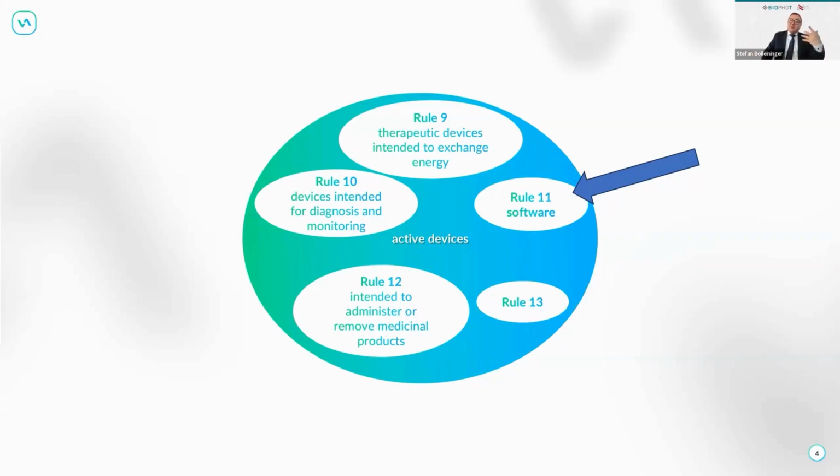The same happens if you build a hospital information system which includes and calculates on patient data. Generally, hospital information systems are not a medical device. If they perform patient management, like locating patients, or use software for managing the billing system, inventory, all that stuff, then it is not a medical device.